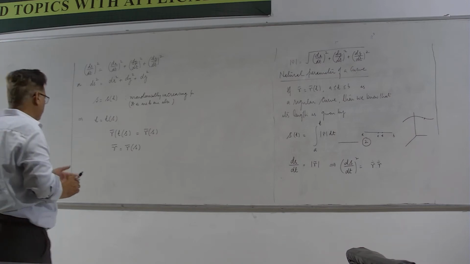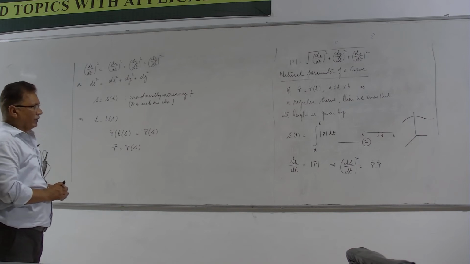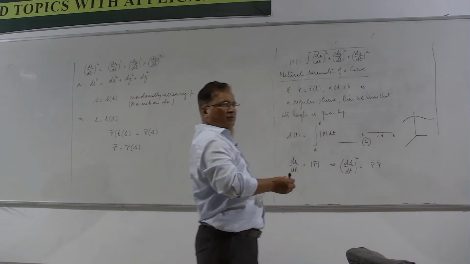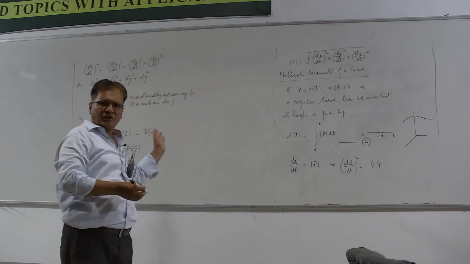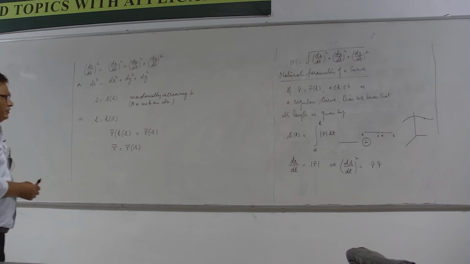I can assume that this S is a natural parameter for an obvious reason, because the parameter is not coming from an external interval, it is coming from the curve itself. So, we also call it an intrinsic parameter.